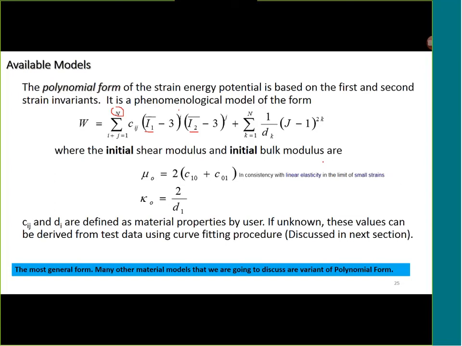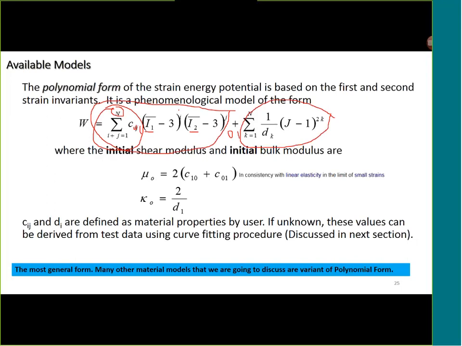I again want to pause here for a few seconds so that you can get a feel for how you can expand this equation for multiple terms. You can say C01 and in the second case C10 and so on. You can keep expanding, and this portion corresponds to the deviatoric part and this portion corresponds to the volumetric part.